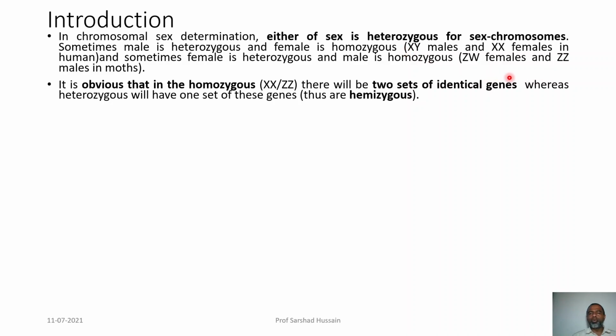Similarly, if you look at the two Z chromosomes, the female sex is having half of the genes present on the Z, whereas male is having double the amount. So, it means homozygous condition is always having two sets of identical genes.